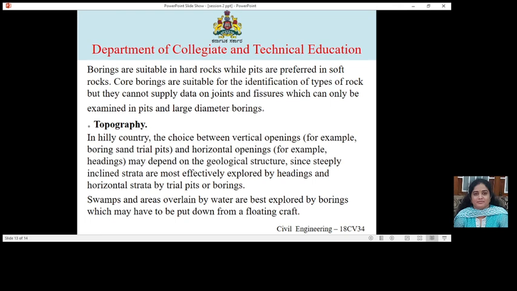So this is for the hilly areas. The swamps and areas overlaid by water are best explored by borings, which may have to be put down from a floating craft.